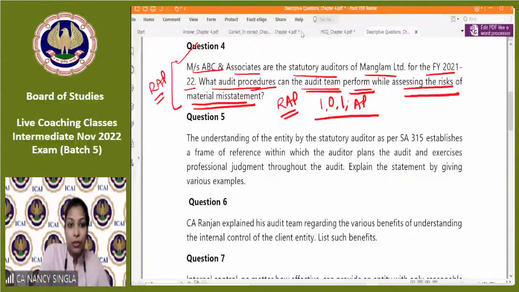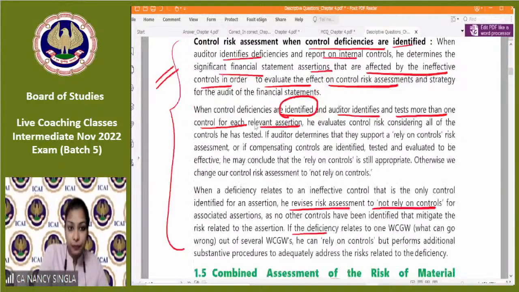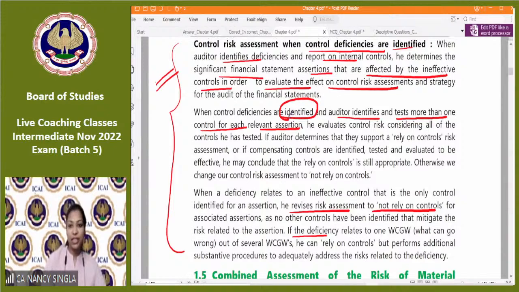Okay, so let us just discuss the control deficiency answer. If control deficiencies are identified, it is saying that suppose with respect to a particular assertion there are a number of controls. With respect to one of the controls on a particular assertion, it has a deficiency.